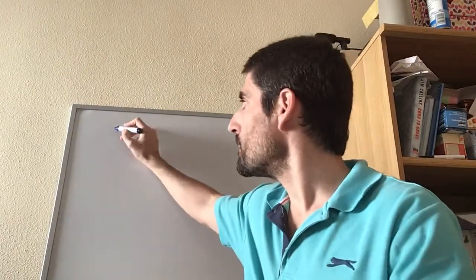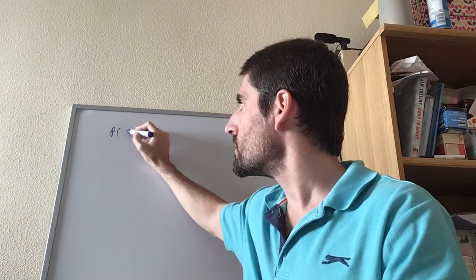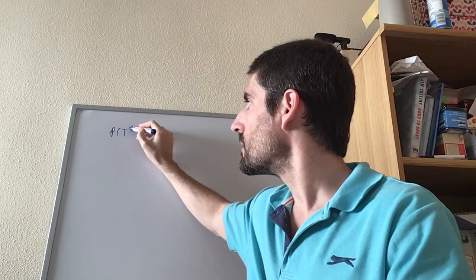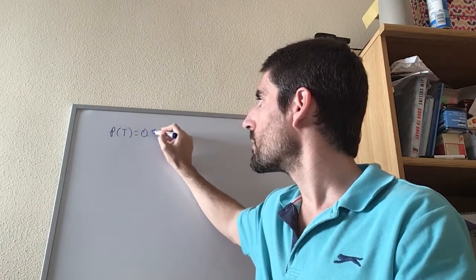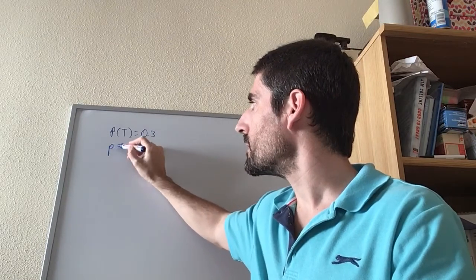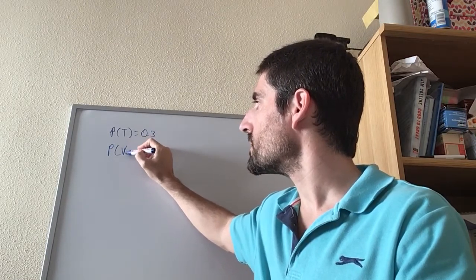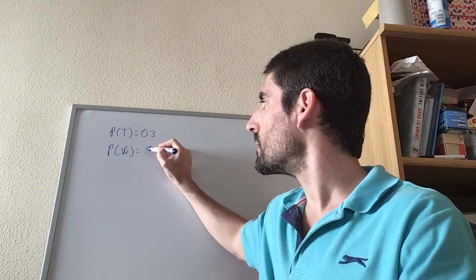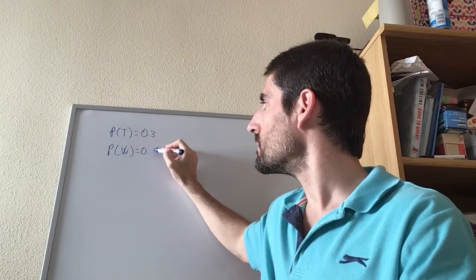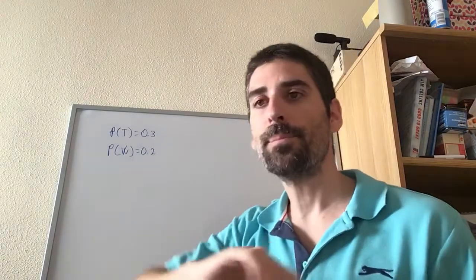Usually you start from a situation and they could ask you a number of things, but the starting premise is the same. So in my example here, the probability that it rains on Tuesday is 0.3, and the probability that it rains on Wednesday is 0.2, okay?